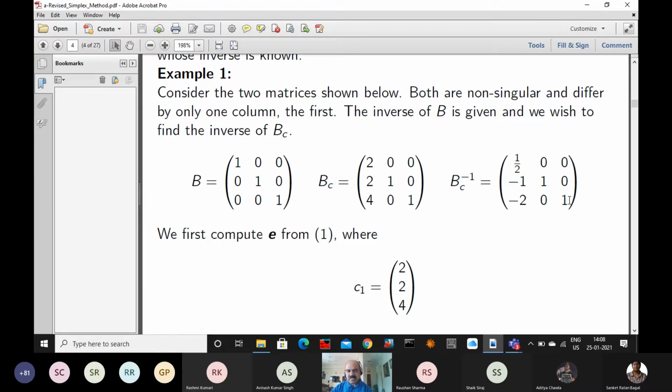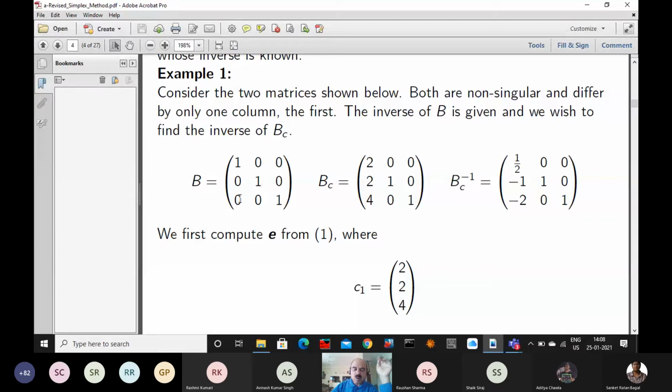You can simply check: if you multiply B into BC inverse, you will have an identity matrix. This is the easiest way to check. But what is the systematic procedure? How to proceed? We will proceed in this manner.